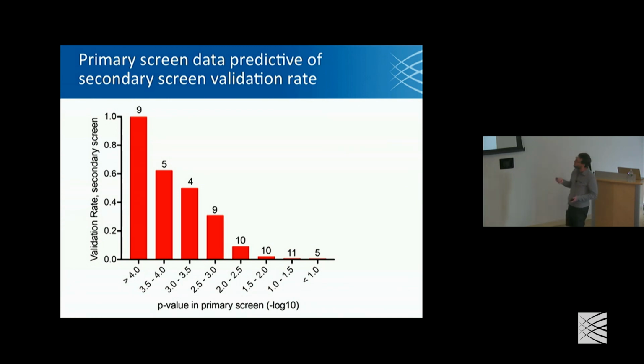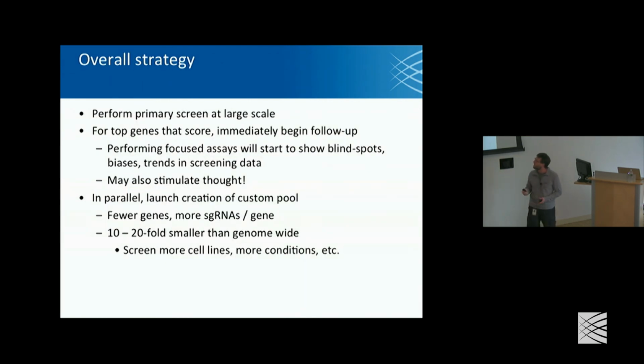But what's interesting is here I'm plotting the p-value from the original screen and then the validation rate in the secondary screen on the y-axis. And what you can see is a very nice correlation between the reproducibility, or the validation rate, and the p-value in the primary screen, which suggests another generalizable strategy. You perform your primary screen at large scale.